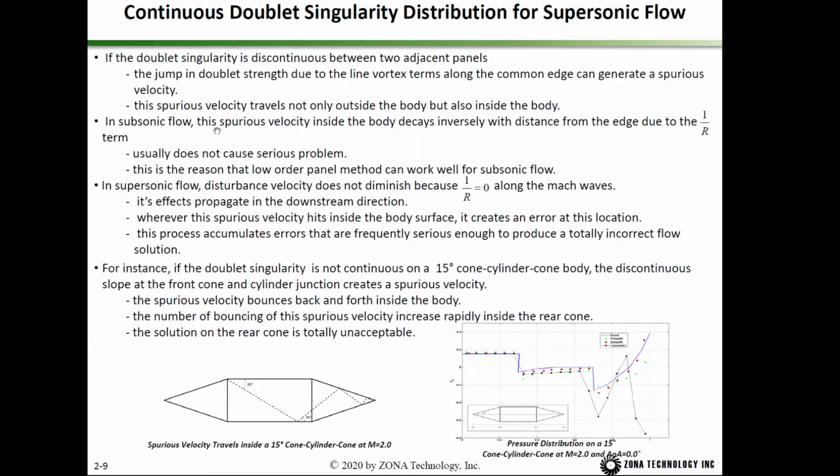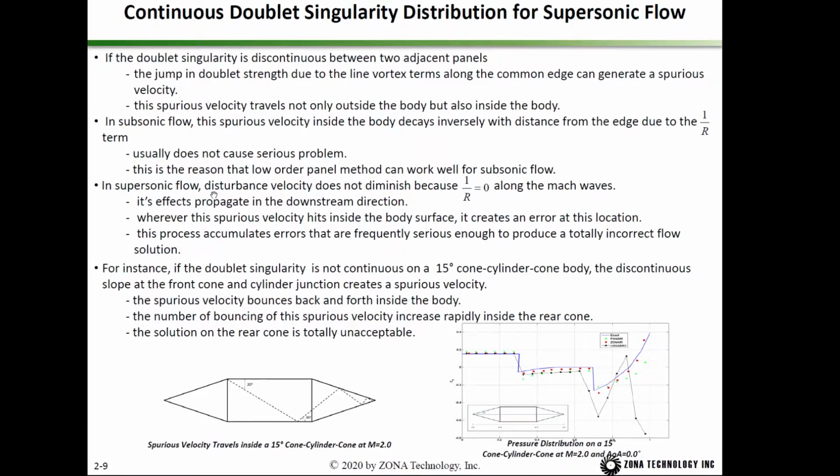And in supersonic flow, this spurious velocity inside the body decays inversely with distance, because the integral contains 1 over r. R is like distance, so usually it does not cause a serious problem. This is the reason that the lower order panel method can work well for subsonic flow.